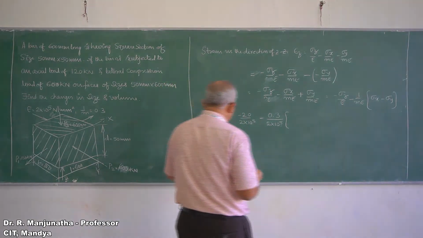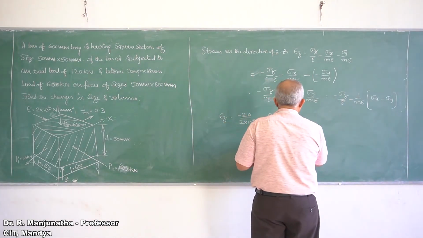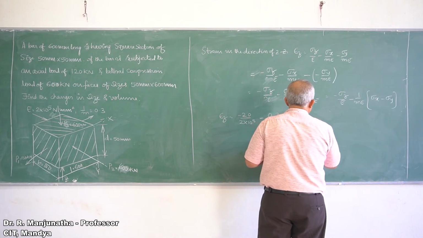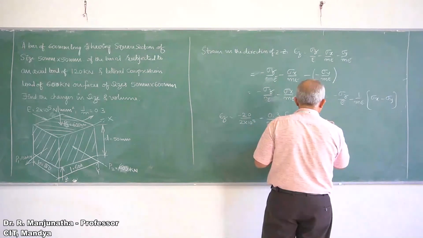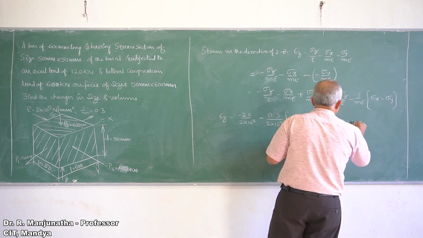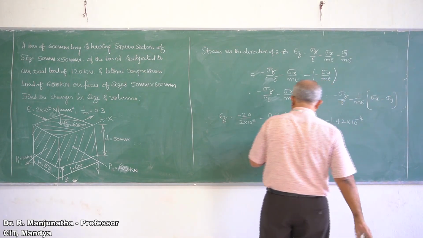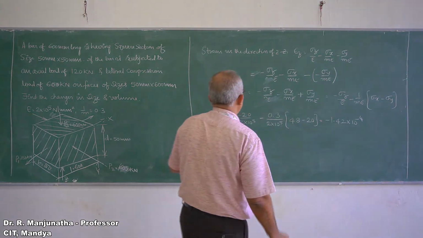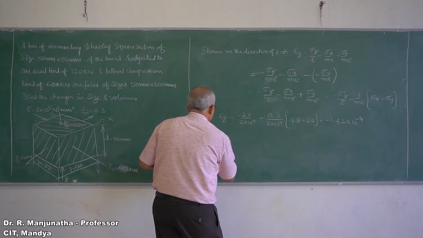Sigma x is 48 minus 20, and the value is minus 1.42 into 10 to the power of minus 4.